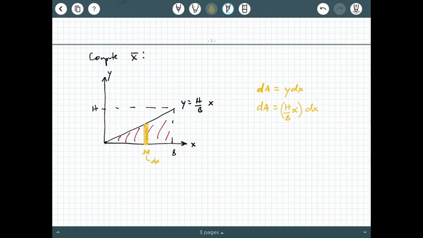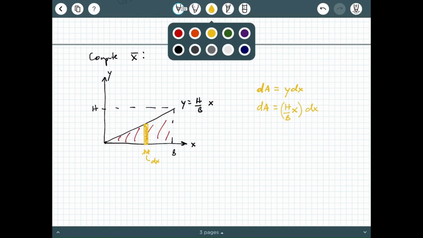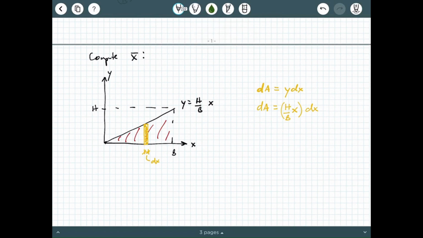So x tilde is, again, the moment arm. Let's change colors, make it green. X tilde is the moment arm from the y-axis to the centroid of a slice dA.